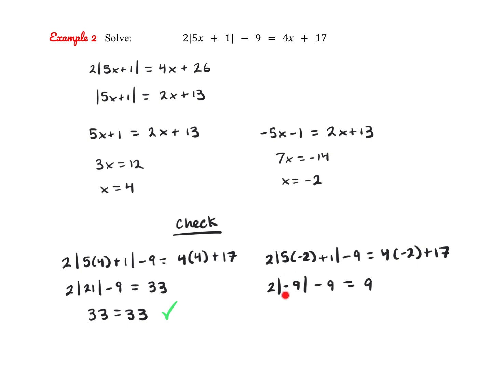And here, remember, this will become positive 9, so 18 minus 9 is 9. So notice I'm not moving anything from the left to the right or anything like that. I'm just simplifying the right and left side separately and showing that they are equal to each other. So since both of our double checks came through, we do have 2 solutions to this equation.